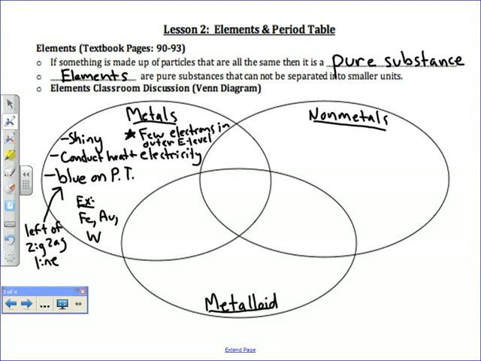Nonmetals, these are dull. They're non-conductive, also known as insulators. They're brittle. And they're yellow in the periodic table that's in your textbook.